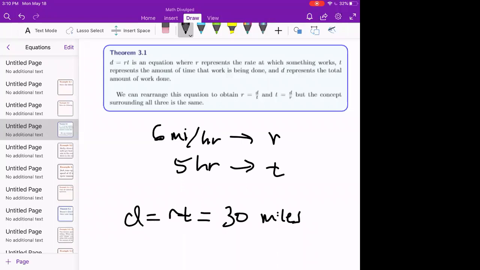That's just the basis of this equation, and you can rearrange it as well if you divide both sides by t, or divide both sides by r. You get these two as well, and they're basically the same thing, just rearranged. You'll see that the concept behind them all is basically the same. So let's move on to an example for these.